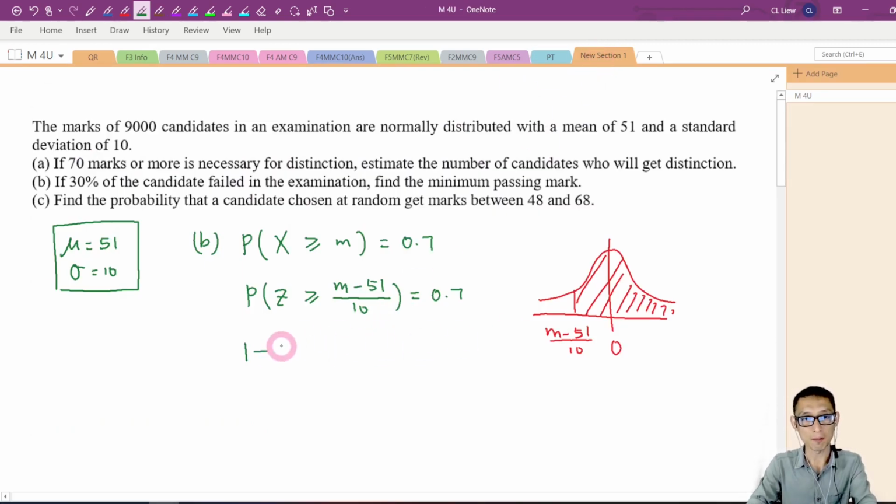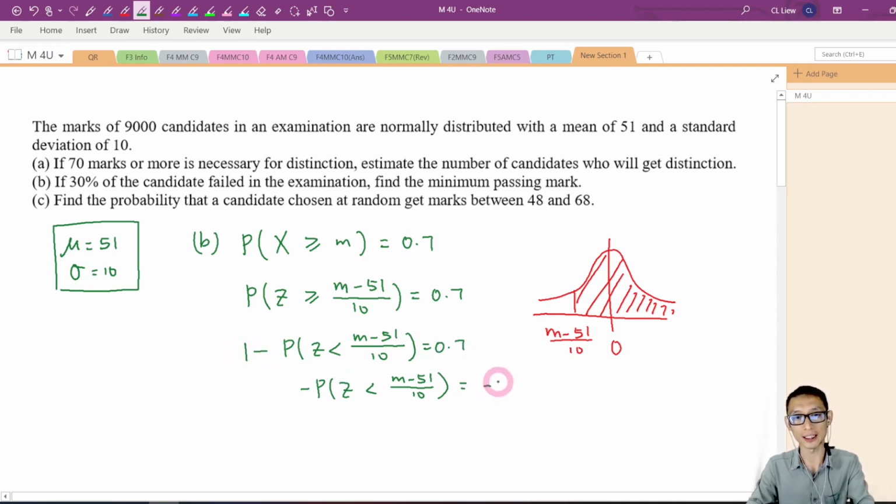So we take 1 minus the probability for Z less than M minus 51 over 10, which is equal to 0.7. So 0.7 minus 1, you will get negative 0.3. Both sides will be multiplied by negative 1, so it becomes M minus 51 divided by 10 is equal to 0.3.